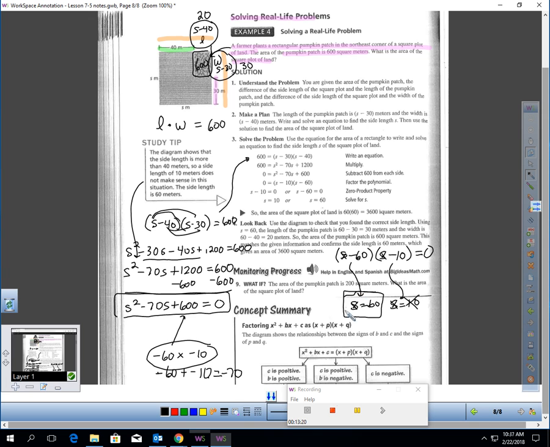So if the side length is 60, now we got to answer the question, what's the area of the square plot of land? It's 60 times 60. The area would be 3,600 square meters. I'm going to pause the video here. If you have questions, make sure you ask in class.